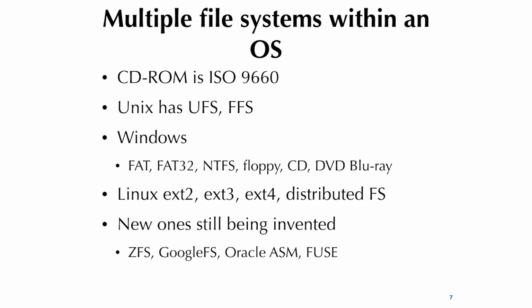Now, I mentioned an OS can support multiple file systems. Like if you have a CD-ROM, that's an ISO 9660 standard. Unix has the Unix file system and the fast file system, FFS. Windows started with FAT16, but then it ran into a limitation beyond so many megabytes.